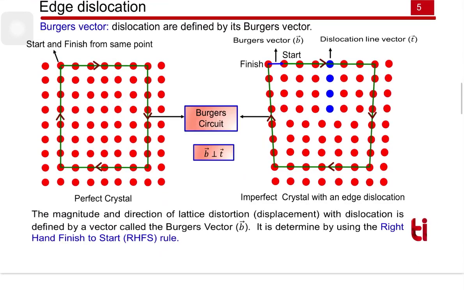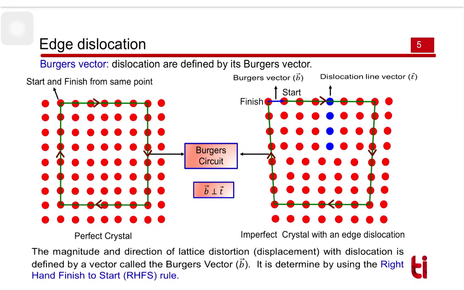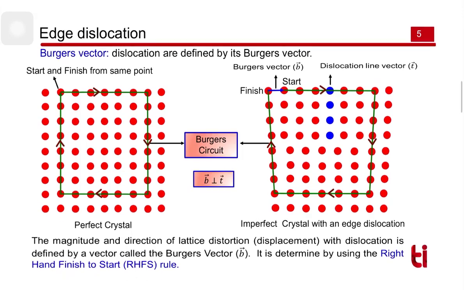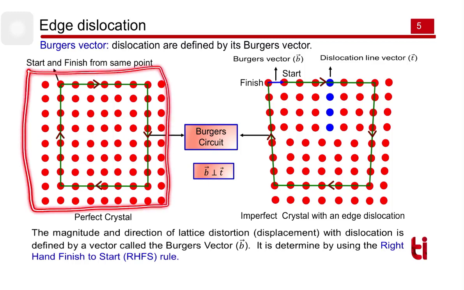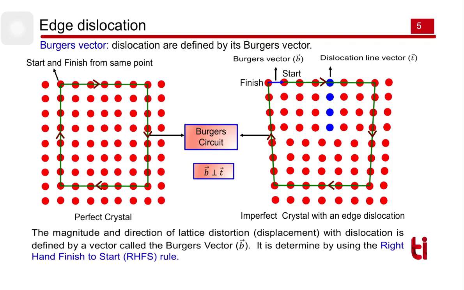Now if you see, when you study vacancies, there is some magnitude of those vacancies. Let us suppose 10 into 10 to the power 2 vacancies are there. So to understand the magnitude and direction of these dislocations, we plot a two-dimensional image of a crystal which does not have any dislocations.